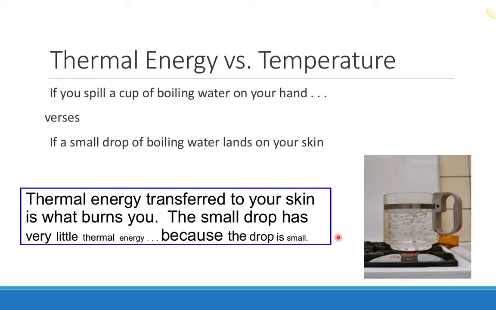So a small amount of thermal energy is not going to transfer as much energy to your hand to cause that burn to occur. So there is a difference between temperature and thermal energy. The thermal energy depends on the temperature, higher temperature, more thermal energy, but the thermal energy also depends on how much of the substance that you actually have.